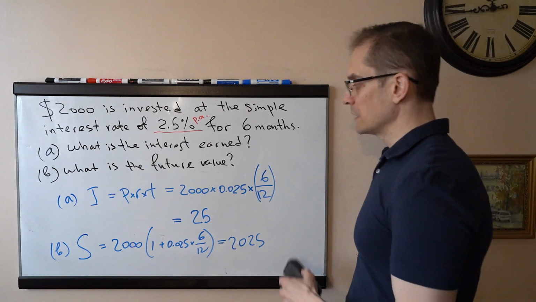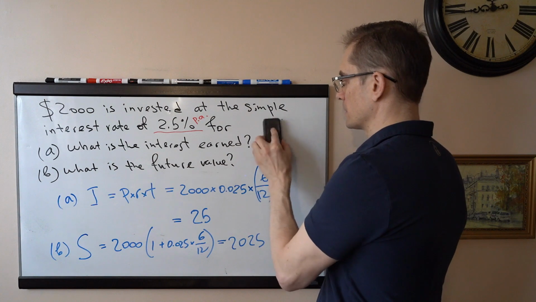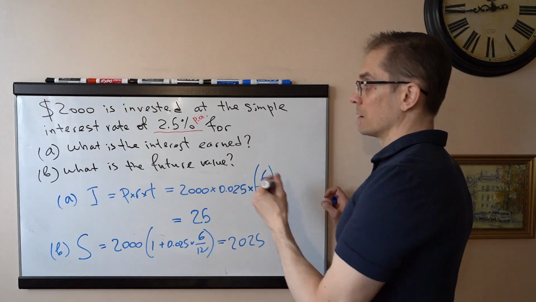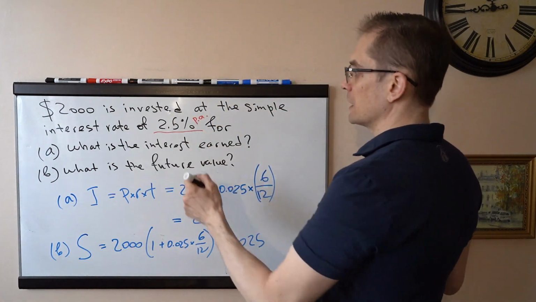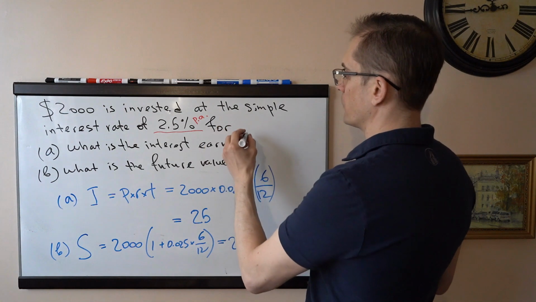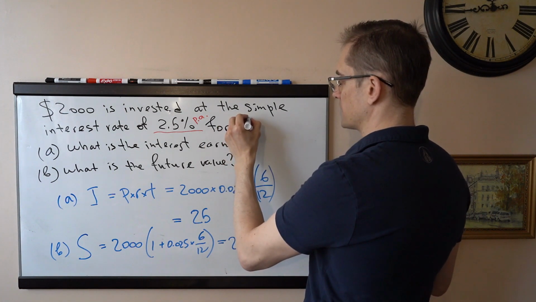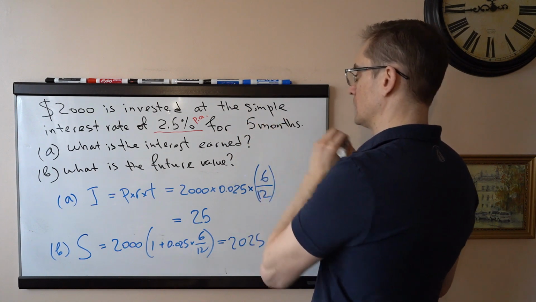Okay, so now let me modify this problem for some other scenarios to show how the problem would be modified. Let's say I have this investment for 5 months.